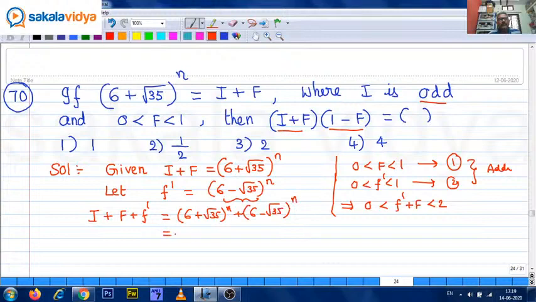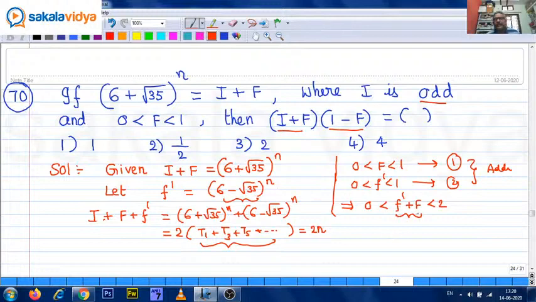This will be 2 times t1, t3, t5 and so on, only the odd terms. Because I plus f dash is an integer, this must be an integer.